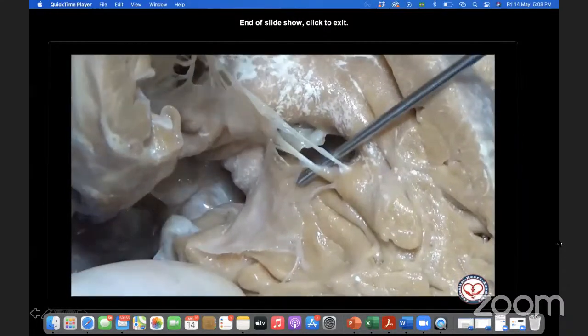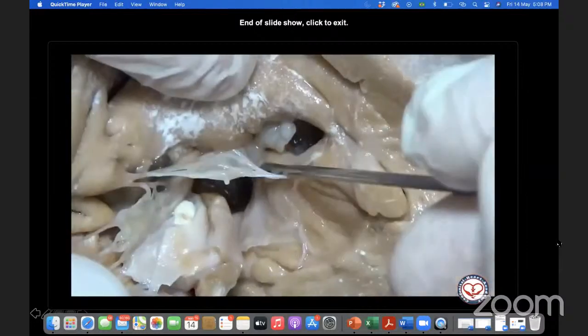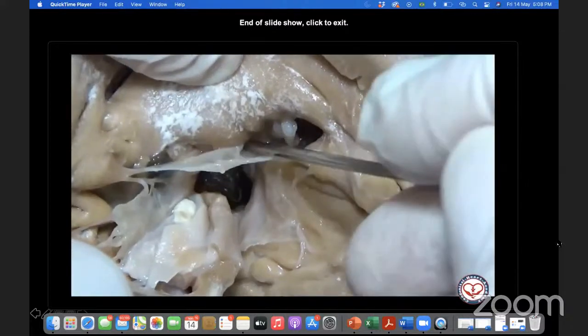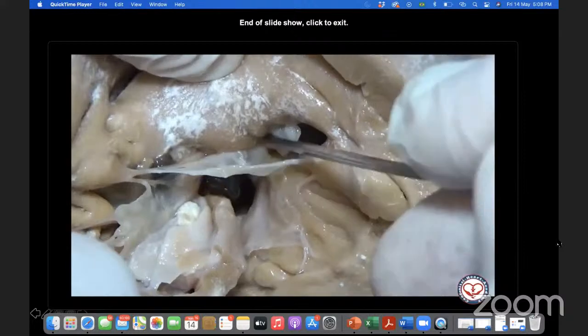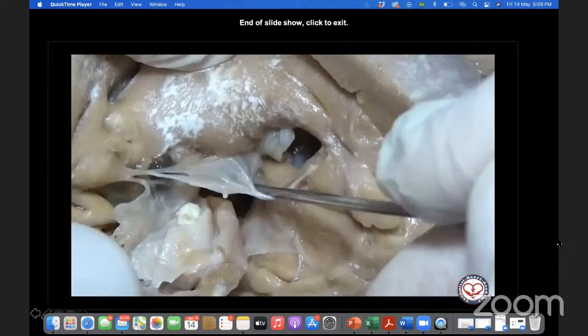If we look at the posterior inferior border, here is the caudal arm, which does not reach the inner heart curvature. It almost does, but there is still an interruption. So here is our tricuspid valve.